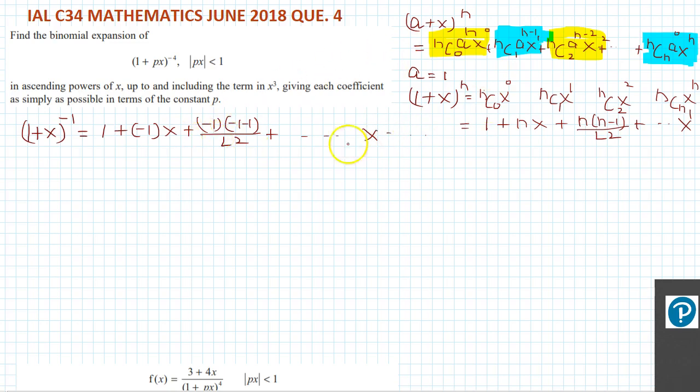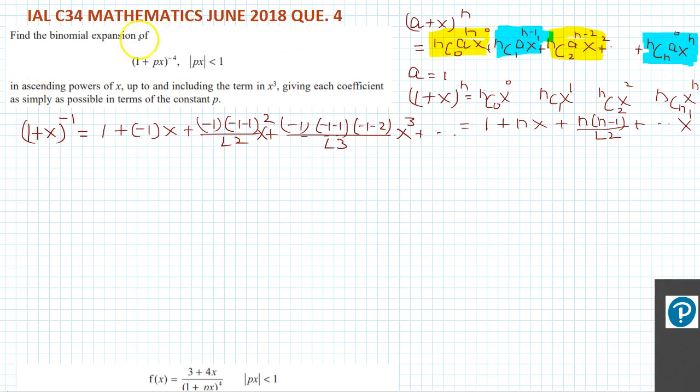It will go like this: first, second, third, and fourth, and fifth. So instead of writing the last term, I just write minus 1, minus 2, over factorial 3, x cubed.